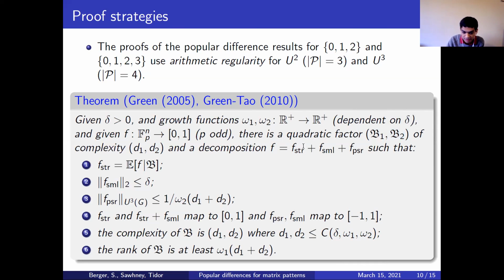That's going to be my structured component. That's going to tell me everything I wanted to know about the arithmetic structure. Okay, and then I have something that's small in L2, which won't matter. And I'll have something that's pseudo-random, which, as mentioned, will not perturb this arithmetic structure by very much. And then I also want to preserve one-boundedness and some other stuff.